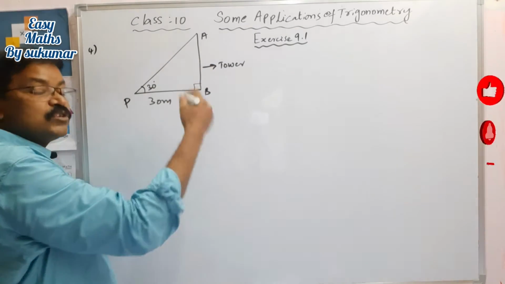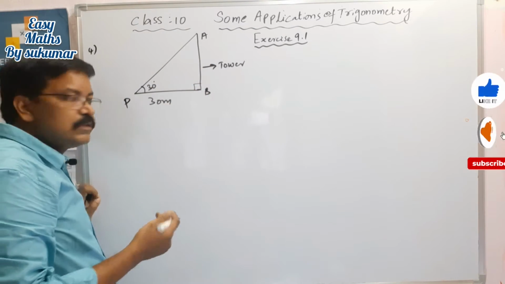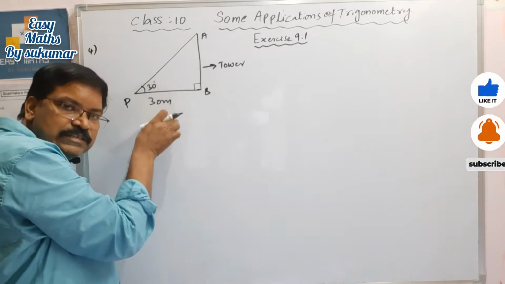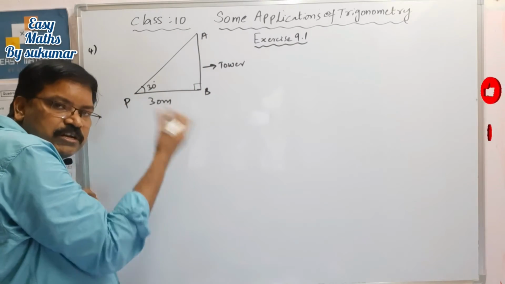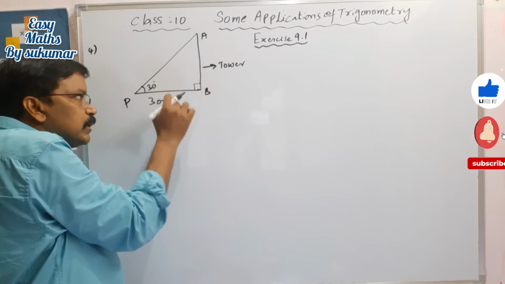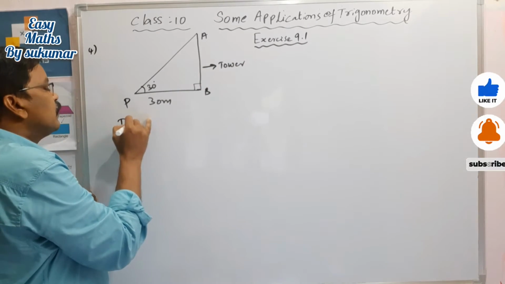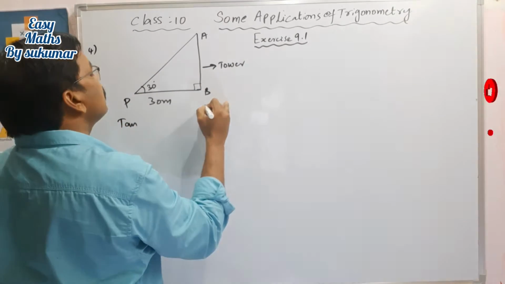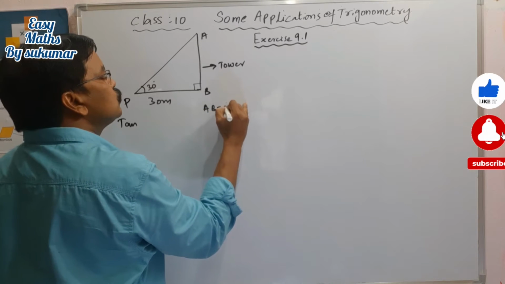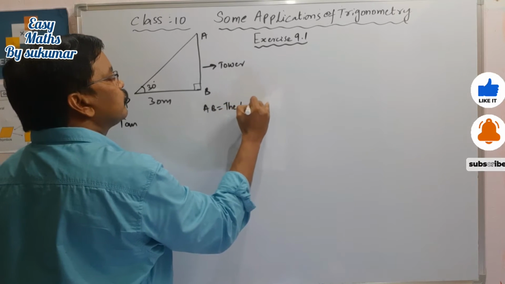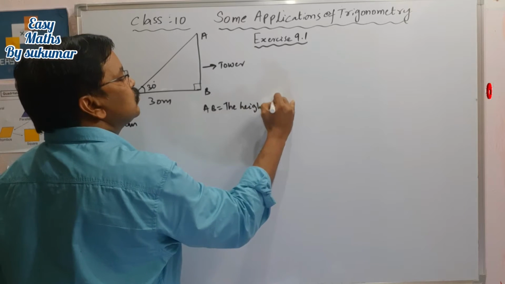So, which trigonometric ratio should we use here? Opposite side, adjacent side. Adjacent side is already given. So, we have to take tan 30. Let me write first: AB is equal to the height of the tower.